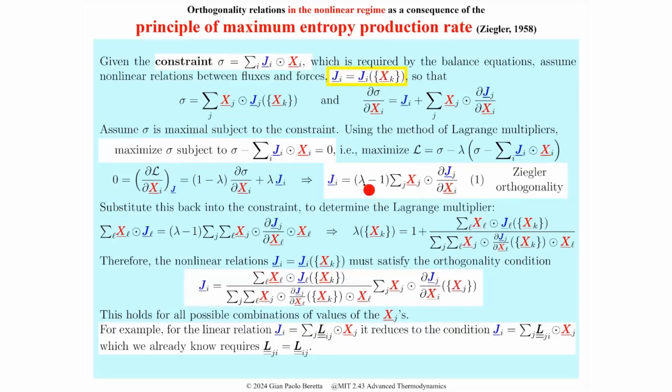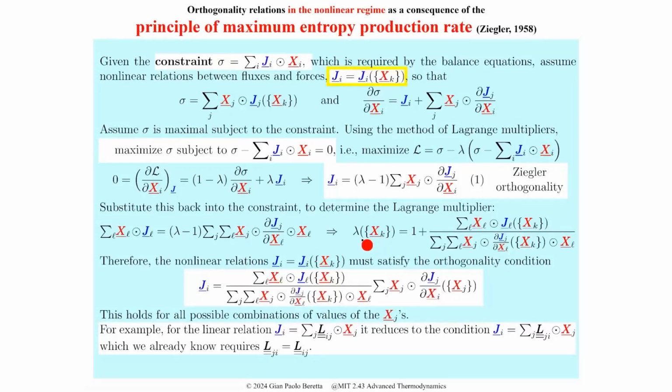The only problem is that now, remember in the method of Lagrange multipliers, in order to find the value of the Lagrange multiplier, you have to substitute back into the constraint. So you take this orthogonality relation in this way, put it back in the constraint, and this is done here, and then solve for lambda.